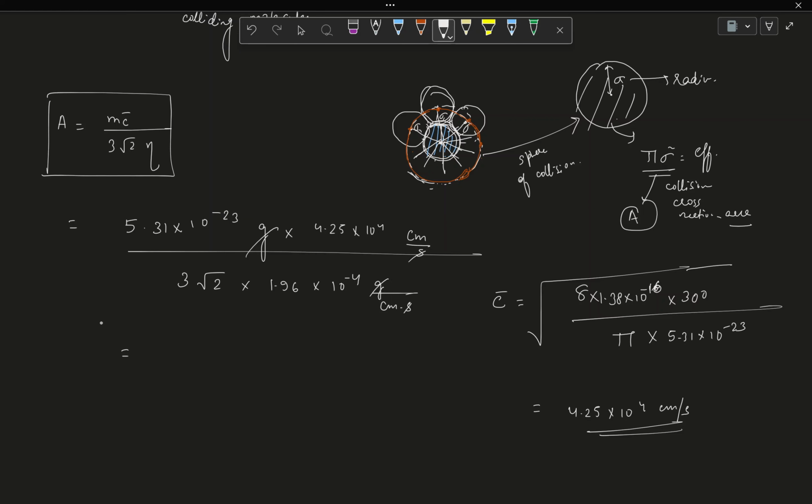You get 2.71 into 10 to the power minus 15 centimeter square, or 27.1 into 10 to the power minus 16 centimeter square.